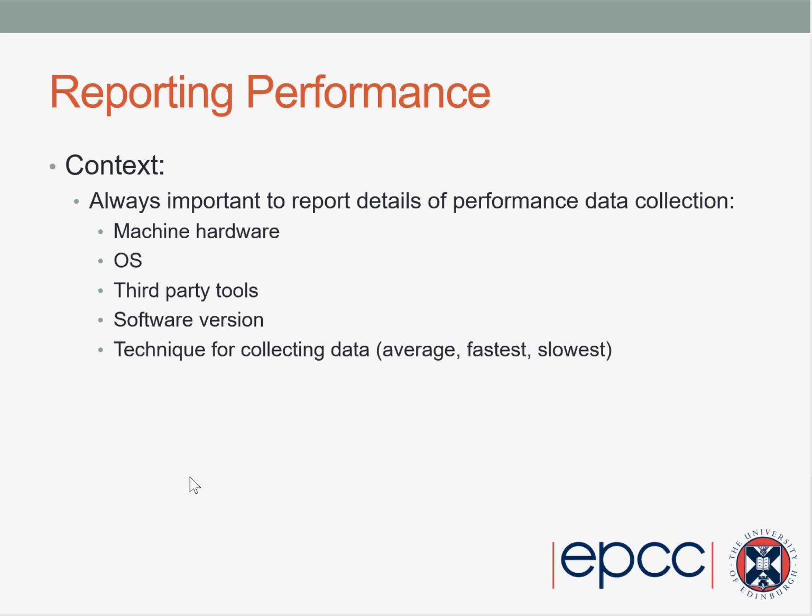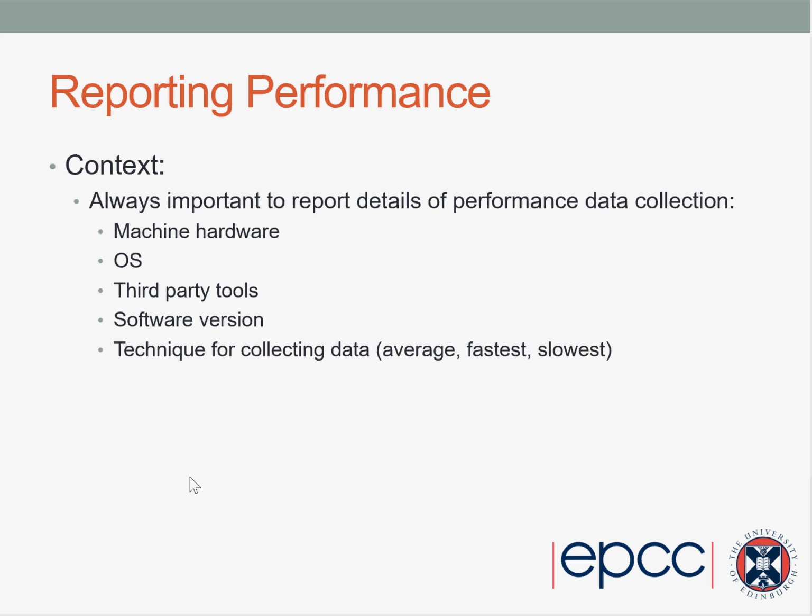And when you write a performance report or a paper, you also want to give people enough background information about what you've done so that they could reproduce it. So you want to tell people what kind of hardware you ran your tests on, and what software you were using, so operating system, compiler, that kind of stuff. You want to document first how you did them, and then tell people how many times you repeated your runs and what results you're displaying, whether it's the maximum, minimum, or average.